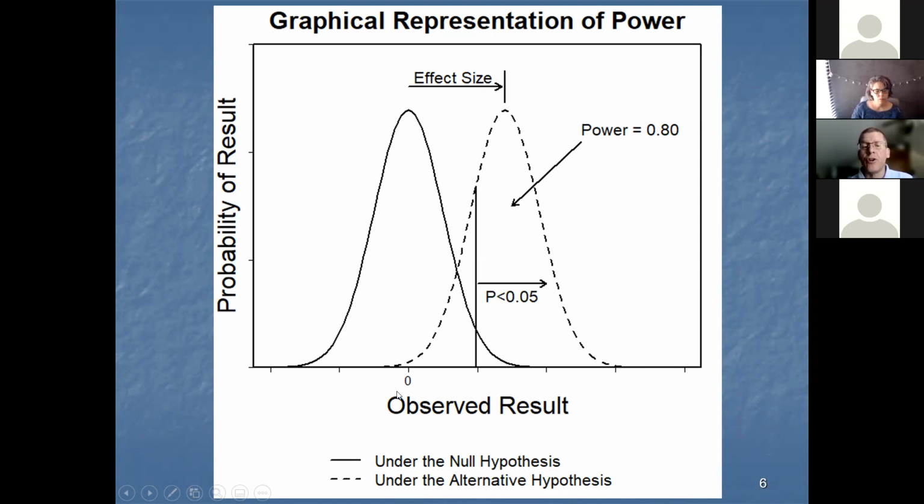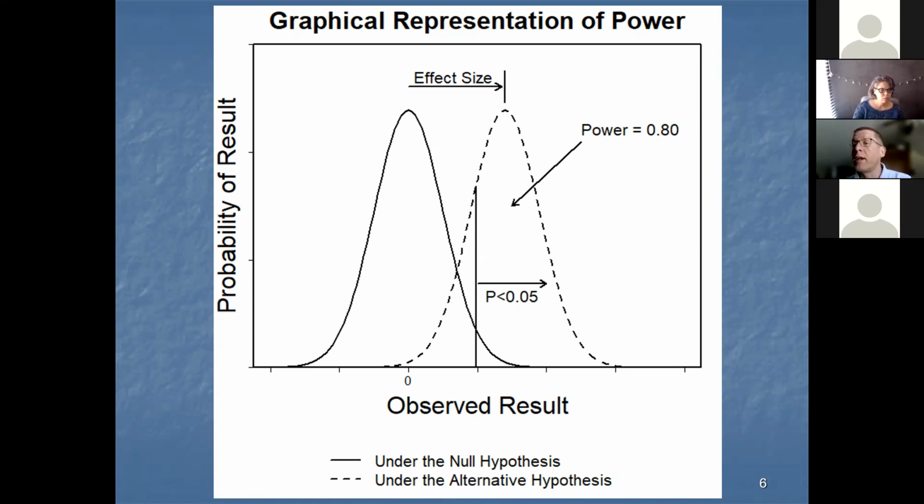You can see that the null is centered at 0. The alternative, I don't have something down here on the x-axis to show me where that is, but what I am doing is taking that distribution and shifting it, okay, and the amount by which I shift it is representing this effect size, or what the difference in means that I believe truly applies.